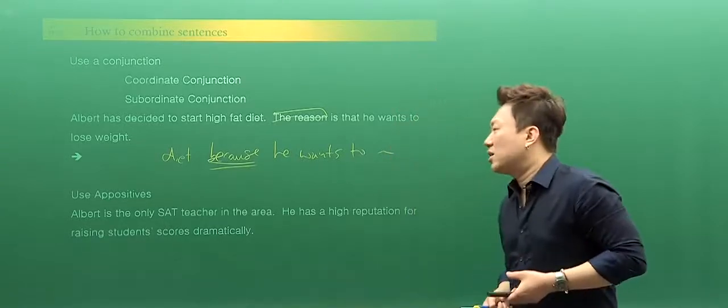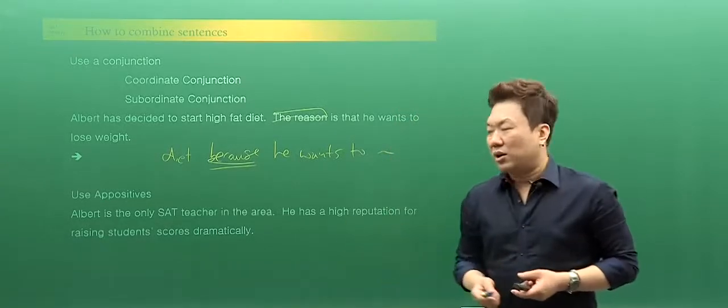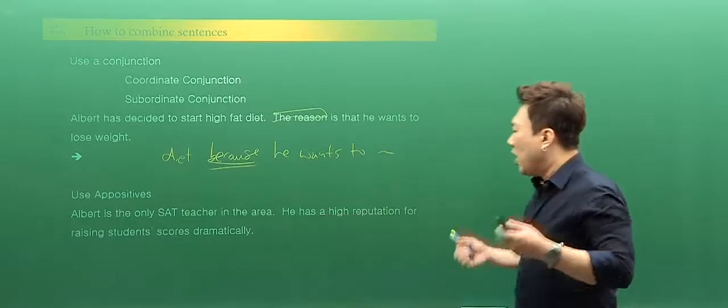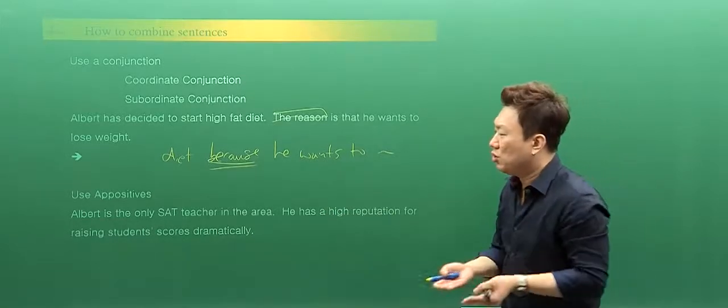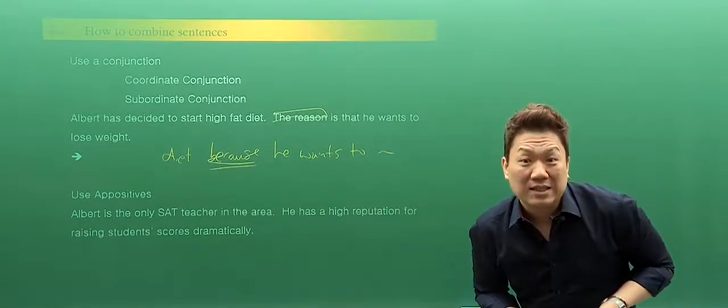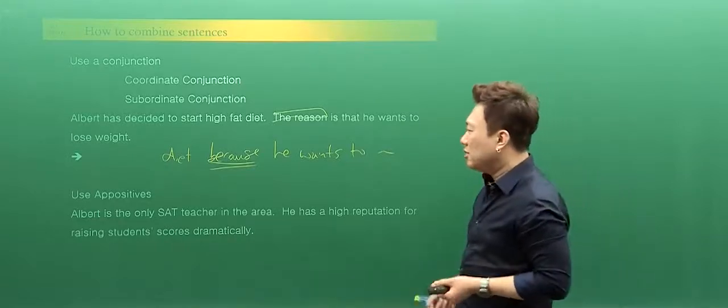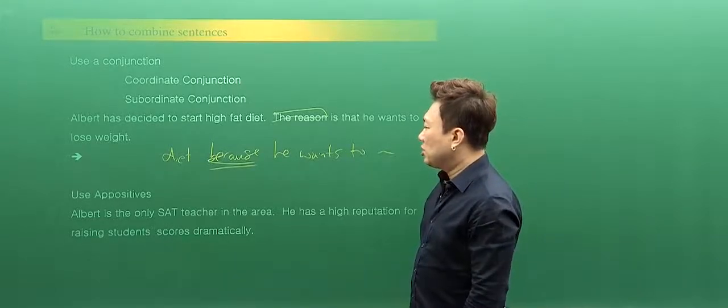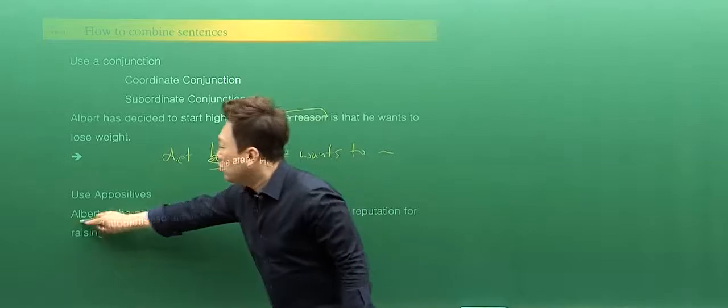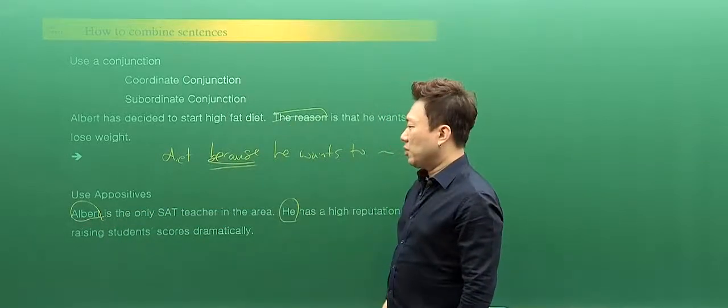Albert is the only SAT teacher in the area, and he has a high reputation for raising student scores dramatically. This is actually so true, okay? So we combine those two sentences. How? We have two common subjects, Albert and Albert, okay?